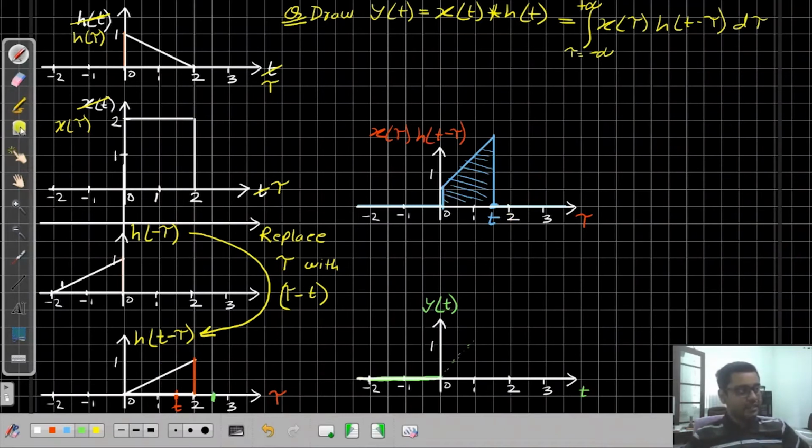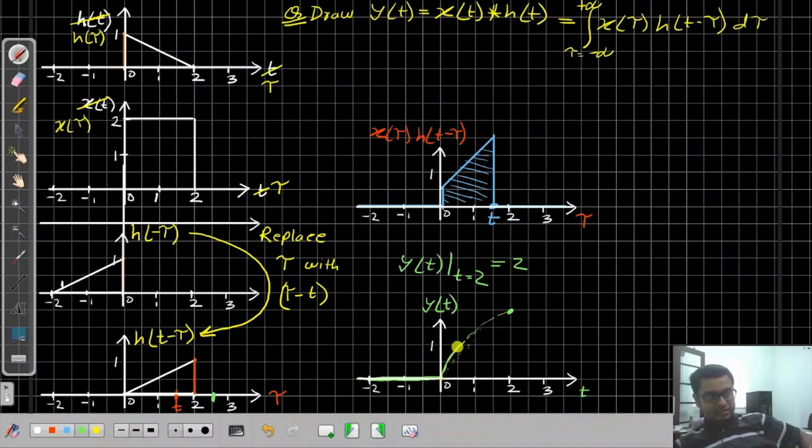So y(t) will be equal to 2 at time equal to 2. Let me draw it approximately. So y will increase and look like this.